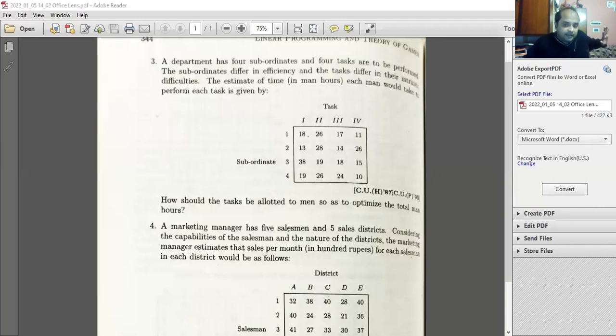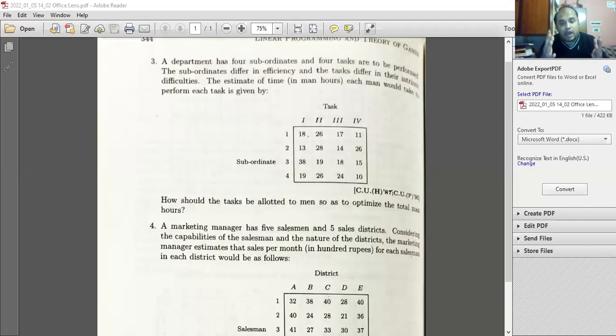And how many items are there in this particular matrix? 16 items. If you have lots of leisure time, you can consider all the permutations.